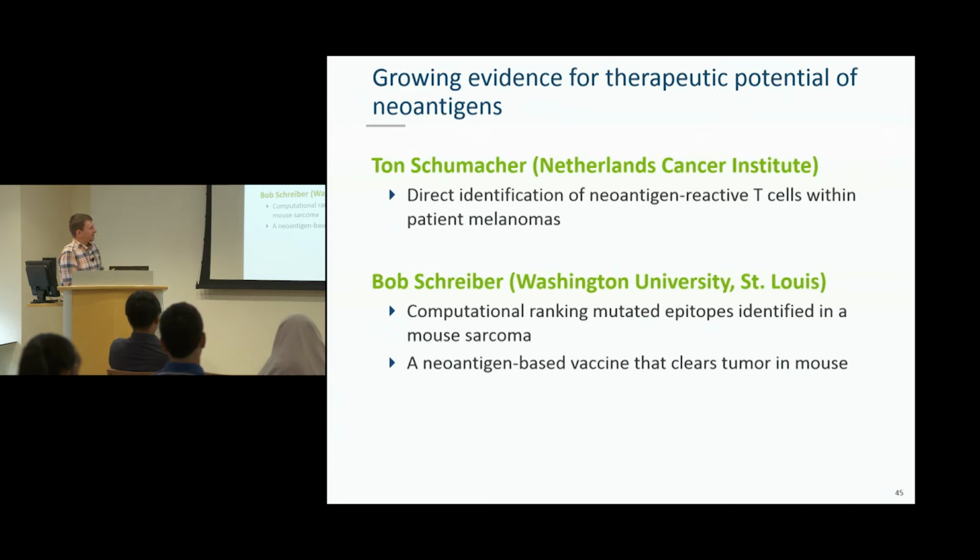Then there's this other researcher who is another big leader in the field, Bob Schreiber, who took mice with sarcomas and was able to sequence those tumors, rank mutations by how immunogenic his team thought they would be, and develop a vaccine targeting those mutations. And these vaccines were capable of clearing tumor in those mouse models.